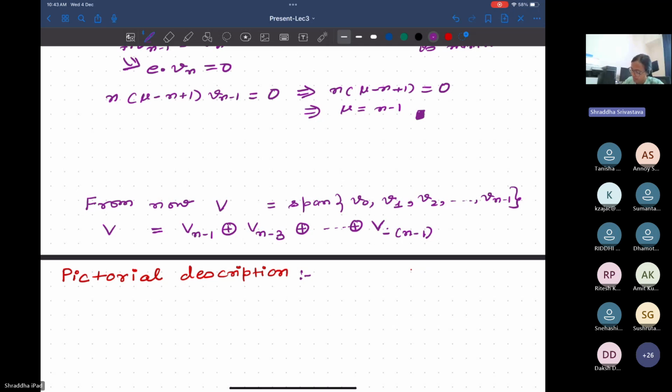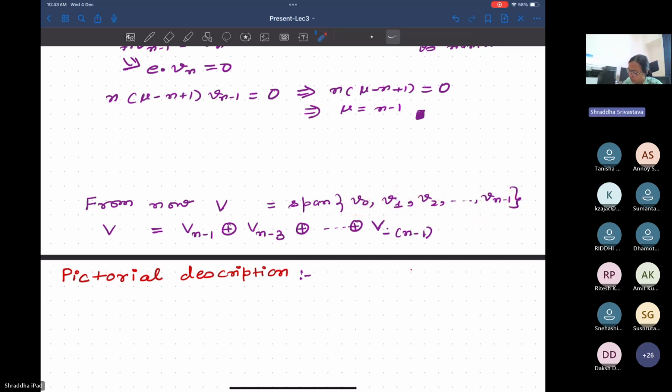But before that, let us collect everything. So V is a span of these vectors, and each of them is an eigenvector corresponding to a different eigenvalue for the action of H.